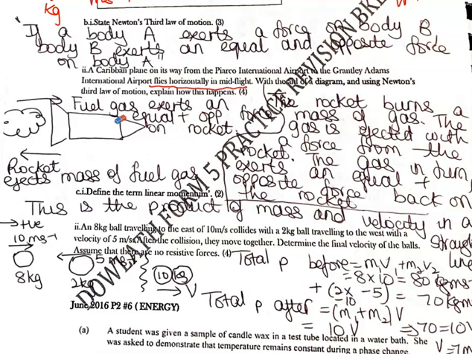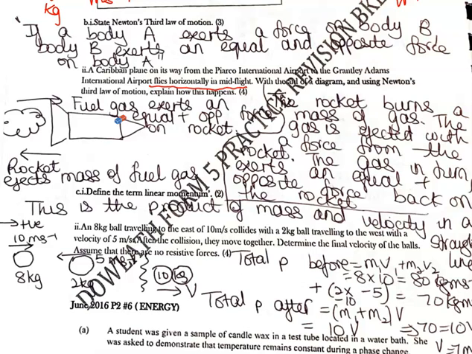So momentum is mass by velocity. So it's 8 by 10, which is 80, plus 2 by negative 5. The reason why I say negative 5 is, again, I chose the east as positive. So if I was moving to the west, that's negative. So my total momentum before is 80 minus 10, which is 70.